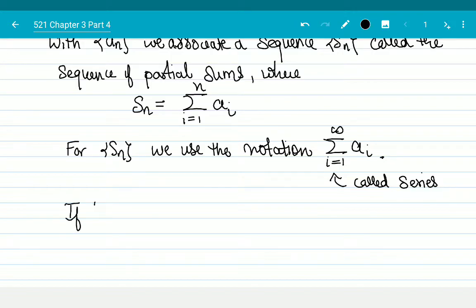If Sn converges to S, we say that the series is convergent.